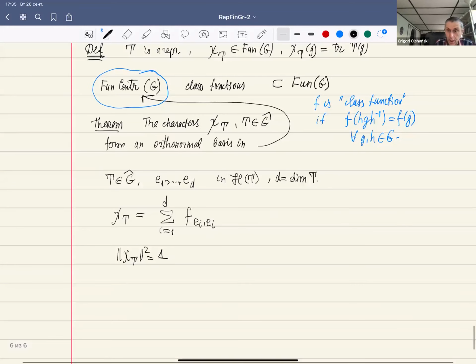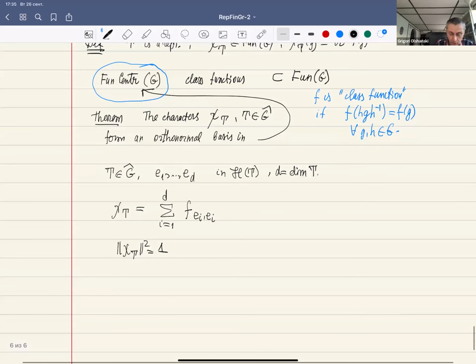So they are orthonormal. And finally, we need to prove that they form a basis, so that the linear span of the characters is the whole space of central functions. And how to see this?